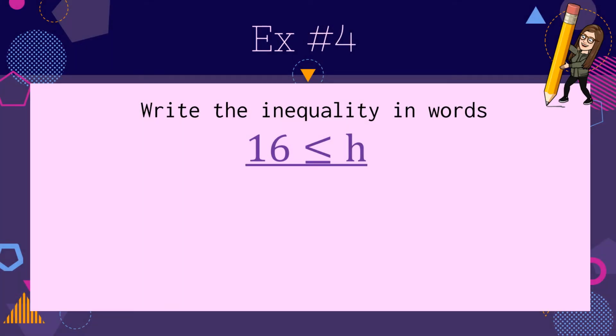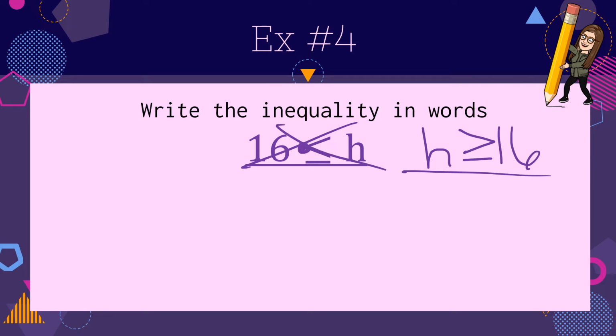Let's try again. Now, I actually want to flip-flop this one. We want to try to get in the habit of the letter first. So let's change this. We're going to write the H, then the 16. If I'm pointing to the 16, I stay pointing to the 16. So I'm actually going to write my inequality for this expression.